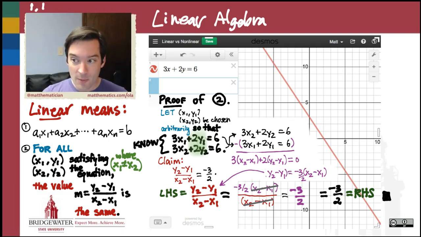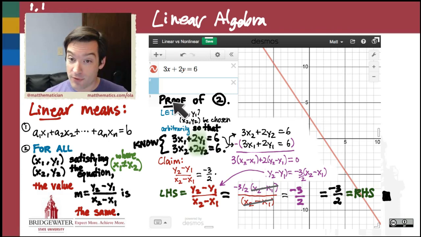On the other hand, we have this understanding back from Algebra 1, which tells us that what it means for a straight line to be straight on a graph is that the slope between any pair of points that we choose is always the same. But that gives us a testable algebraic logical criterion that we can check. And we just went through the process of doing that checking for this particular equation.